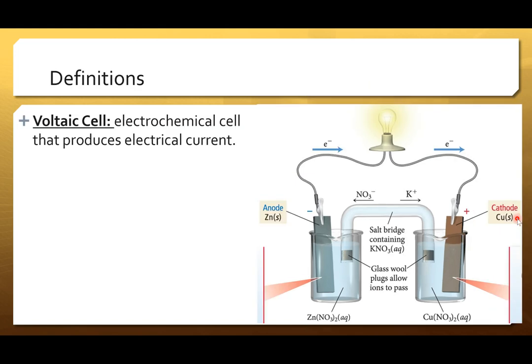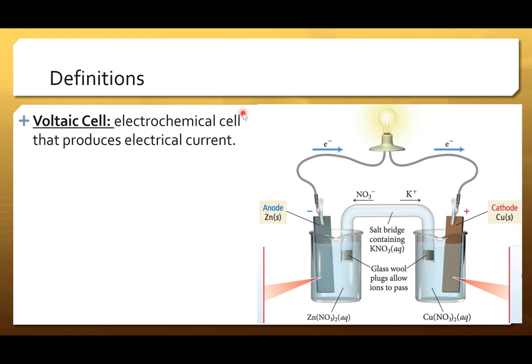Okay. So some terminology that we need to get out of the way. A Voltaic cell is an electrochemical cell that produces an electrical current. Electrochemical cell. Chemical, we're chemists, we're studying a chemical reaction. Electro, electrons are going to be moving.